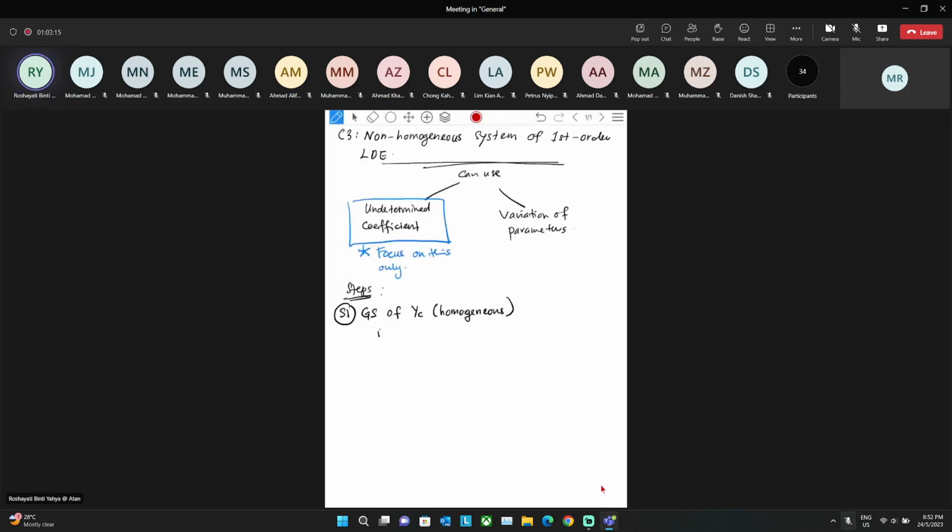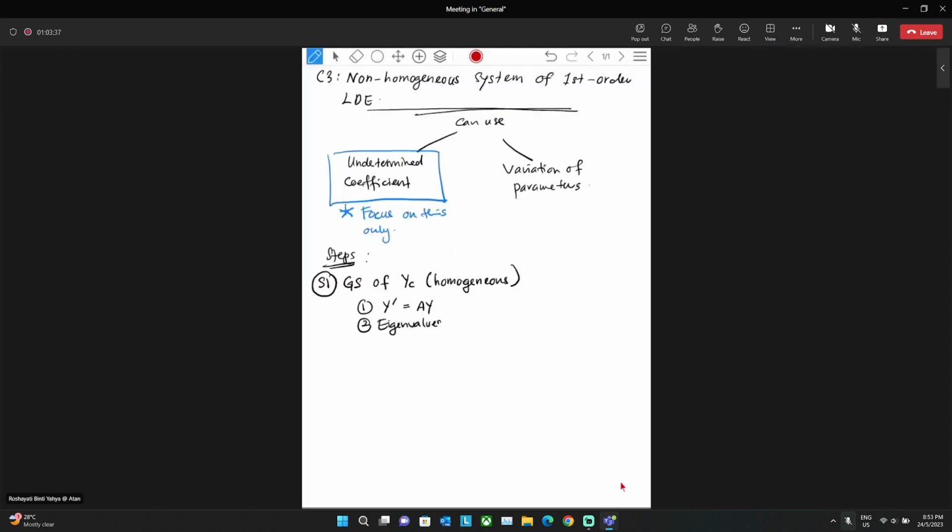The first one, you need to start with y prime equal to AY. Then you need to find eigenvalues and eigenvectors of A. And then you need to check whether they are linearly independent or not.